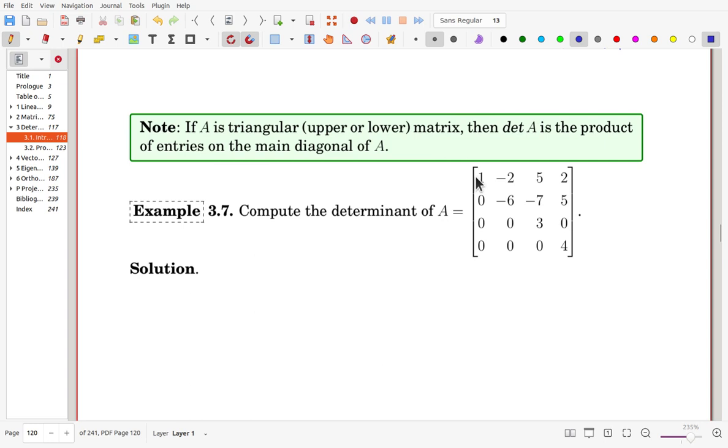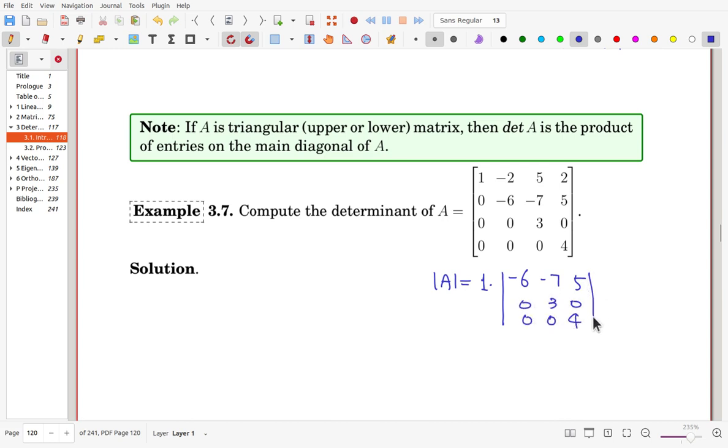This is an upper triangular matrix, and if you use cofactor expansion along the first column, then 1 times the submatrix in this portion: minus 6, minus 7, 5; 0, 3, 0; 0, 0, 4.